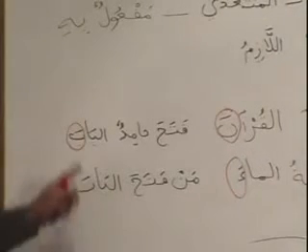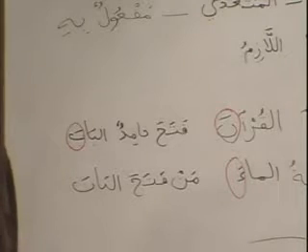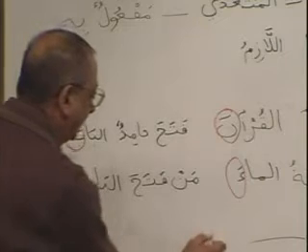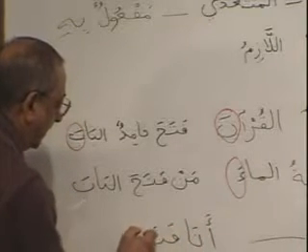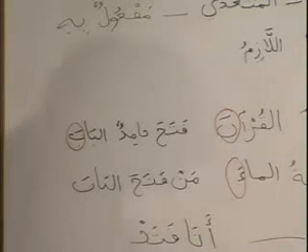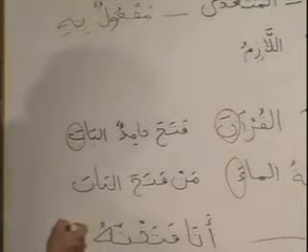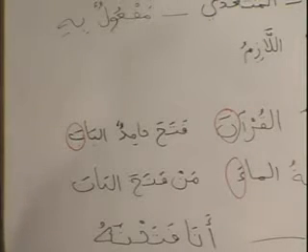See, now instead of saying Ana fatahtul baba, the more suitable answer will be Ana fatahtuhu. See, now fatah is your verb, tu is your fa'il, and then who is your, what is hu, brothers and sisters? Maf'ulun bihi. Got the idea?